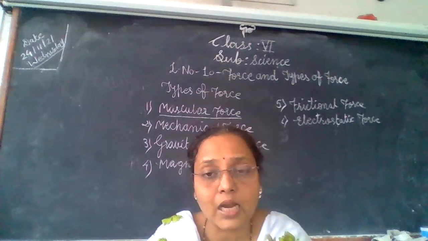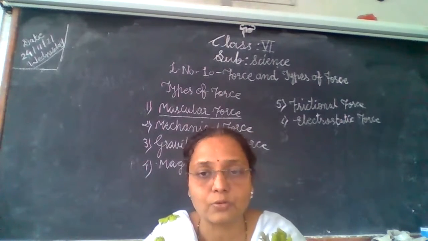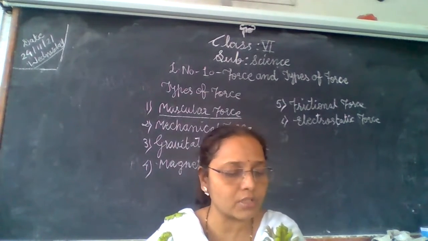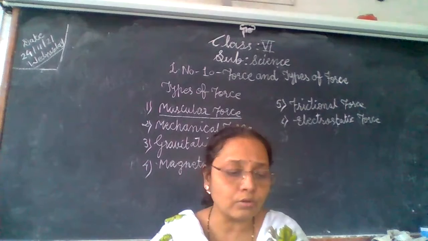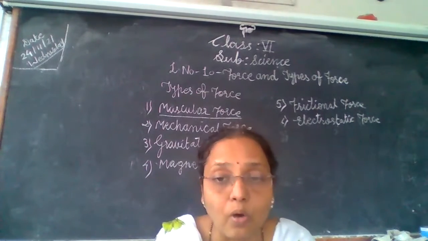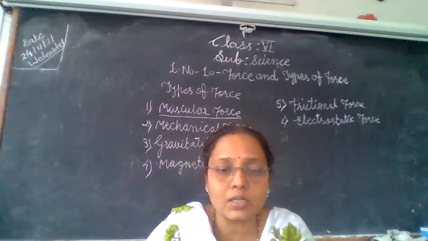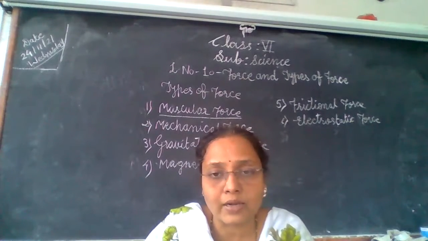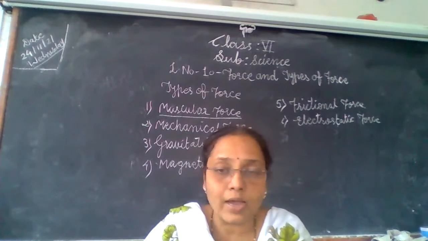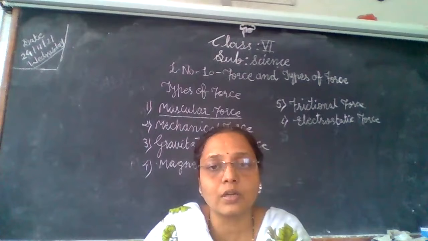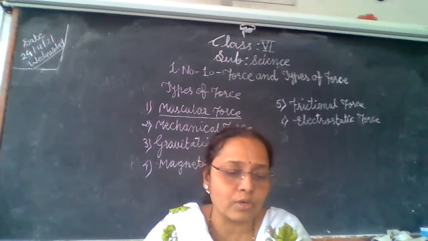Then the third type of force is gravitational force. Gravitational force means when you throw anything or a ball upwards, why does that ball come back down to the ground? Why does this happen? Due to the gravitational force.